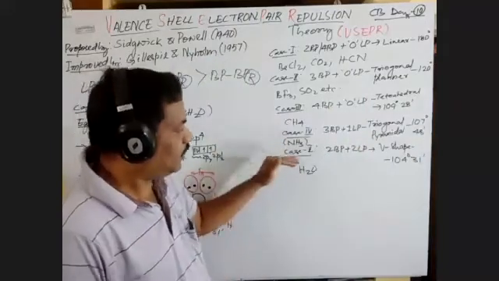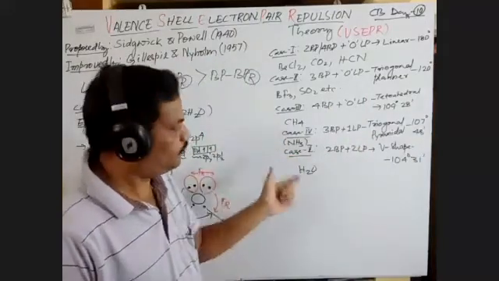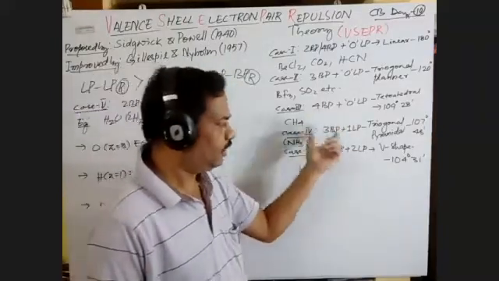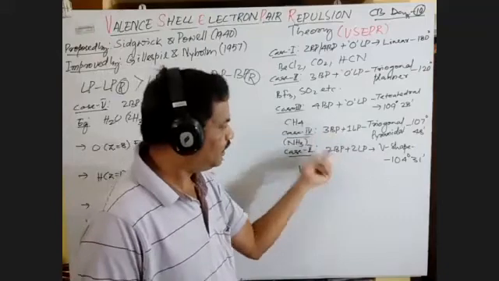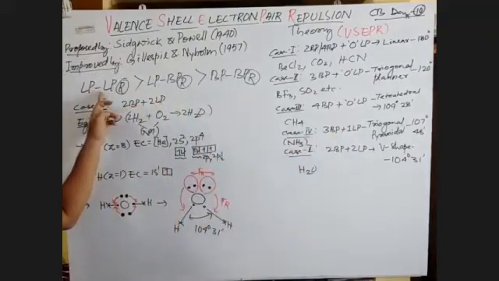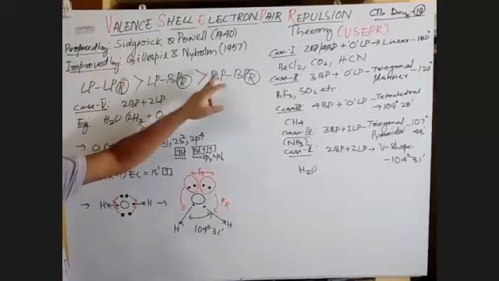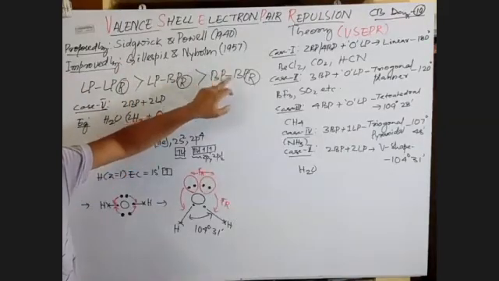Coming to case number 5. If there are two bonded pairs with two lone pairs, the lone pair repulsion will be greater than the lone pair-bond pair repulsion, which is greater than the bond pair repulsion.